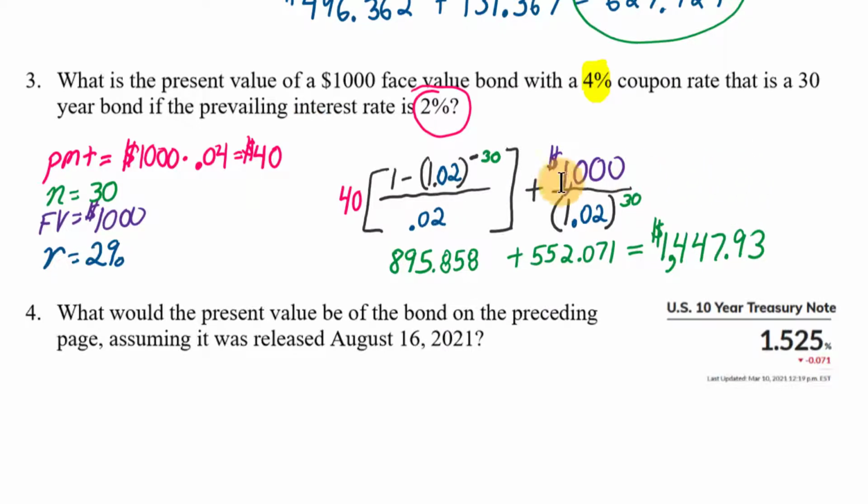So if the going interest rate today was the same as the coupon rate, 4%, you would buy this bond for $1,000, and then tomorrow, when the interest rates drop, you could sell it for $1,447.93. Or you could hold on to it and just have a better stream of income coming in than you could get in any other alternative investment, okay? You don't have to sell it.